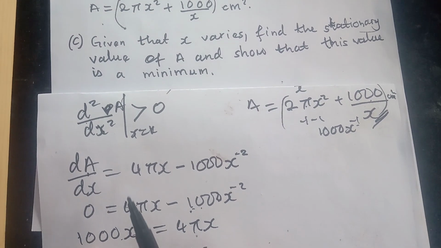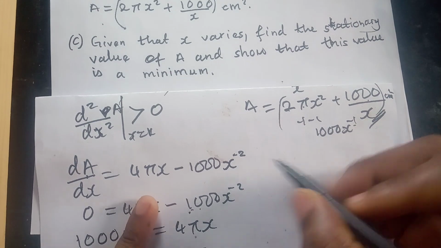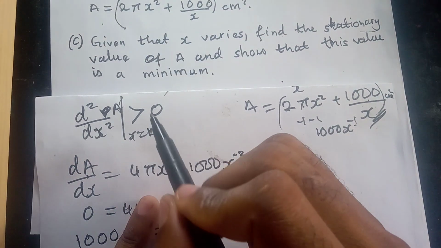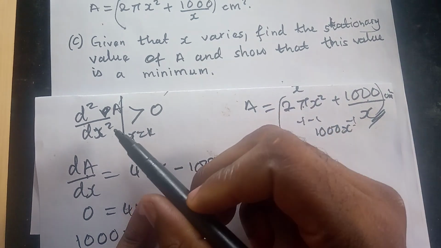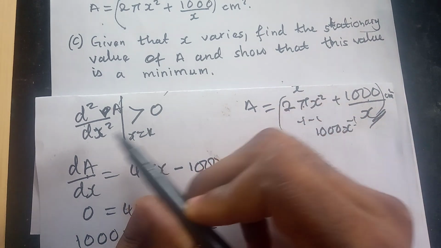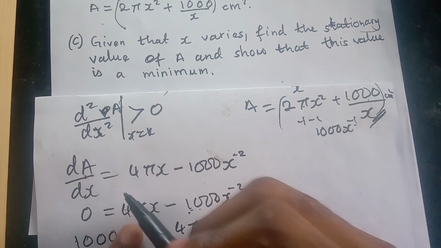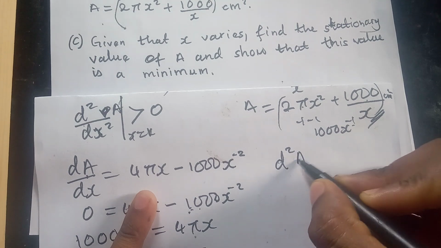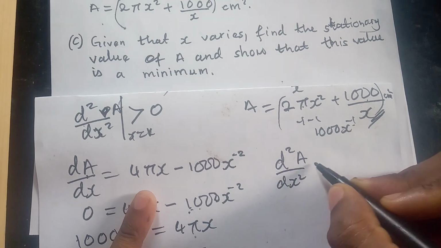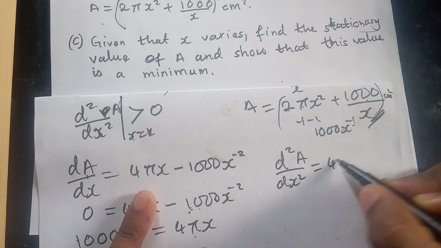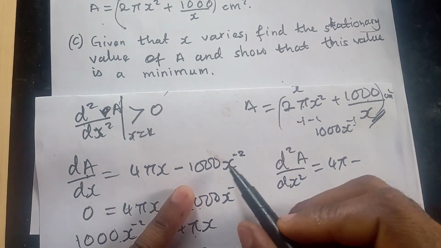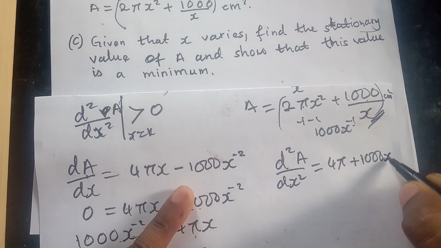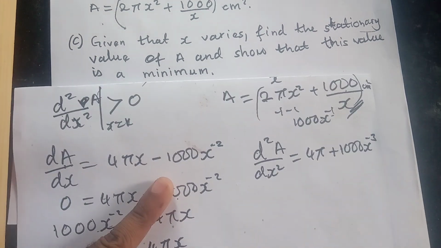So we can differentiate this again to find the d2A/dx2, and verify that this number will be greater than 0. So when I differentiate this, the d2A/dx2 will simply be 4 pi, then minus this one will be plus 1000 x to the power negative 3.